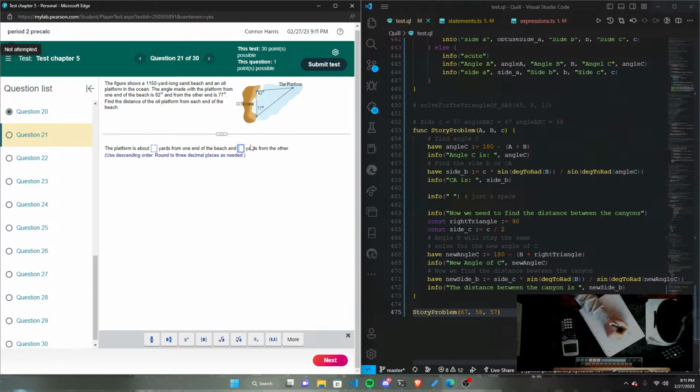Right? So I did mine a bit backwards. I started off with 82 being my A, and then the platform being B, and then 77 being C. So you know what big B is. You know what big A is, which means all you need to do is find little a.